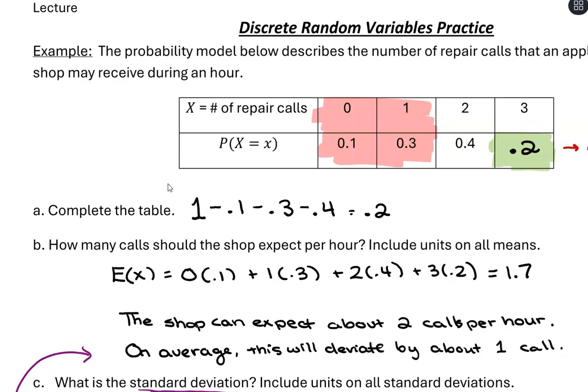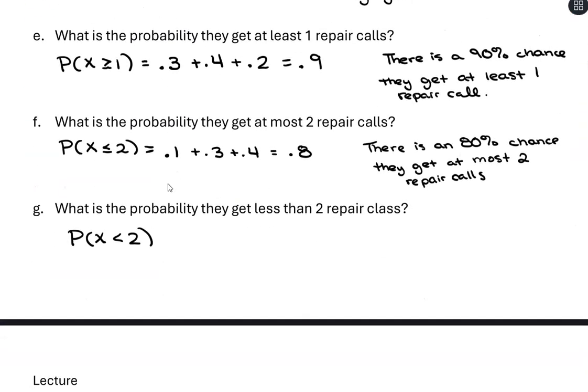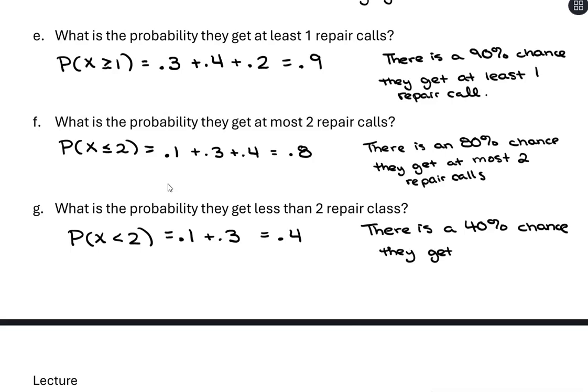So with that, we're going to be adding 0.1 and 0.3. So with that, there is a 40% chance they get less than 2 repair calls.